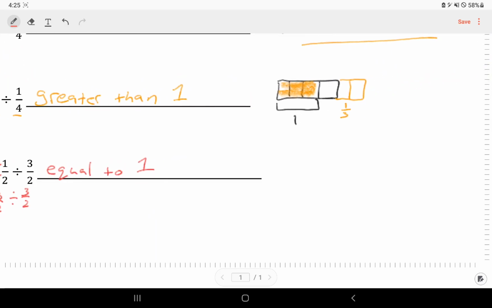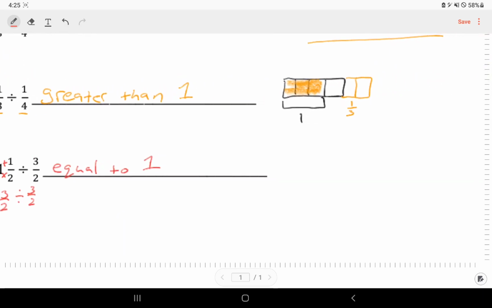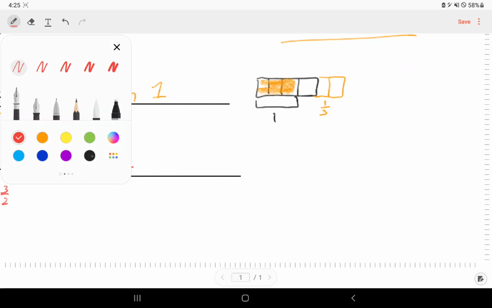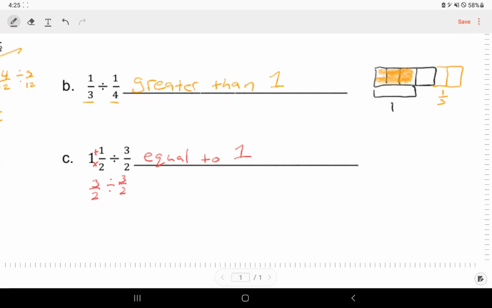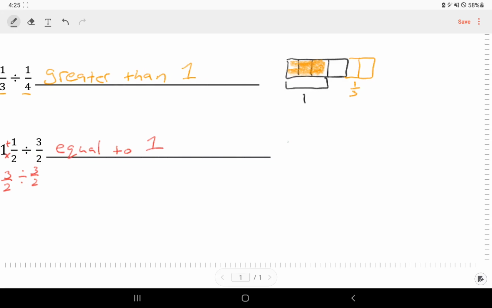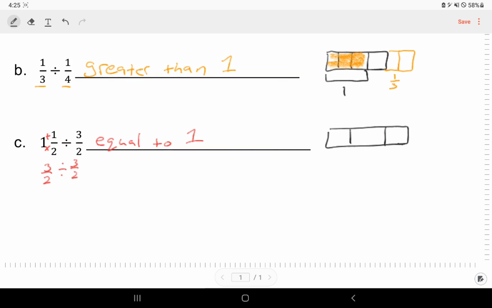And so again, there's my common sense approach and a tape diagram approach. Well, that's 3 halves. So 3 sections of 1/2. And this says that I need 3 groups of 1/2 to be equal.